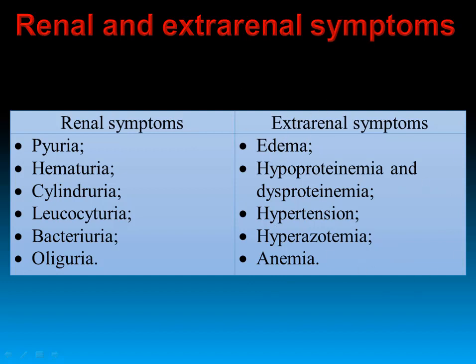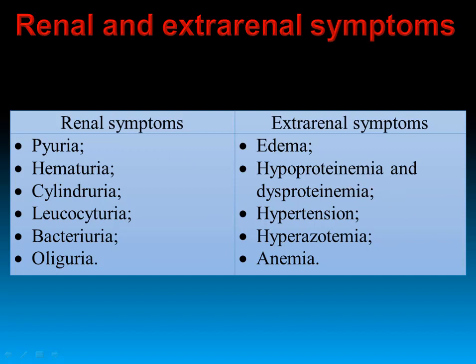First of all, edema. Edema is due to disturbances in water-saline metabolism and due to accumulation of water in the organism. Hypoproteinemia and dysproteinemia can be manifested as a result of proteinuria. In case of severe loss of proteins, proteins are lost with urine, but the amount of proteins in blood will become decreased.